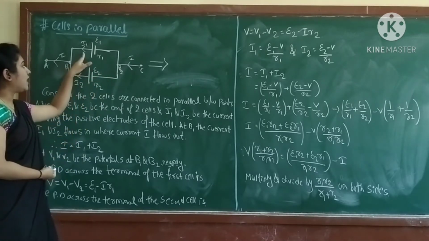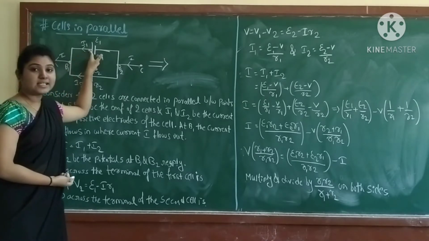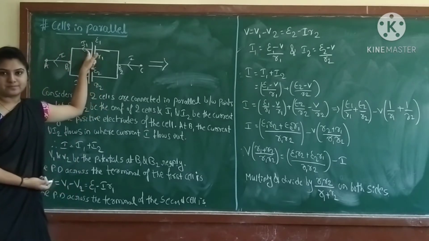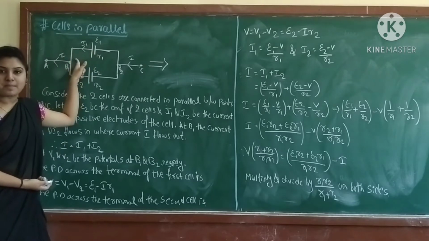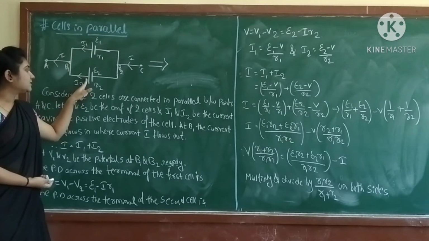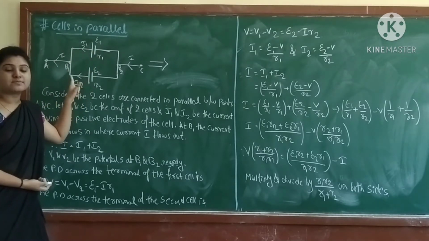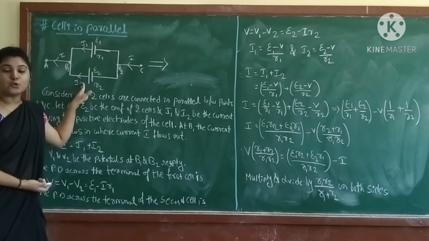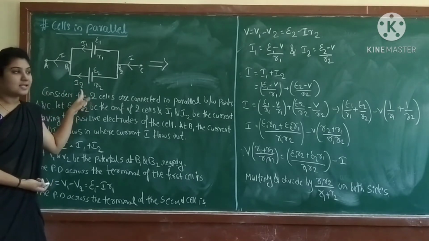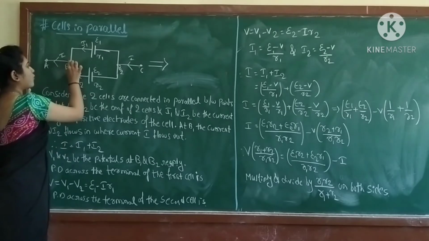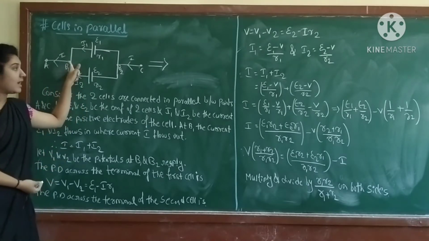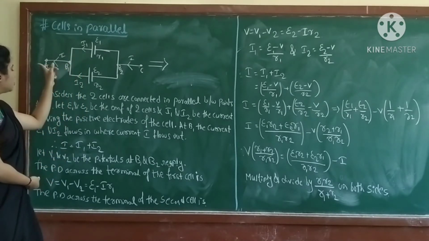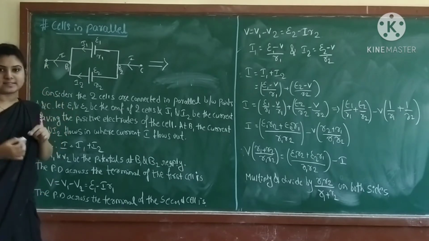The first cell has the current I1 because it has one path, and the second cell has the current I2. Then both will meet at the point B1, and towards A the outflow is there.